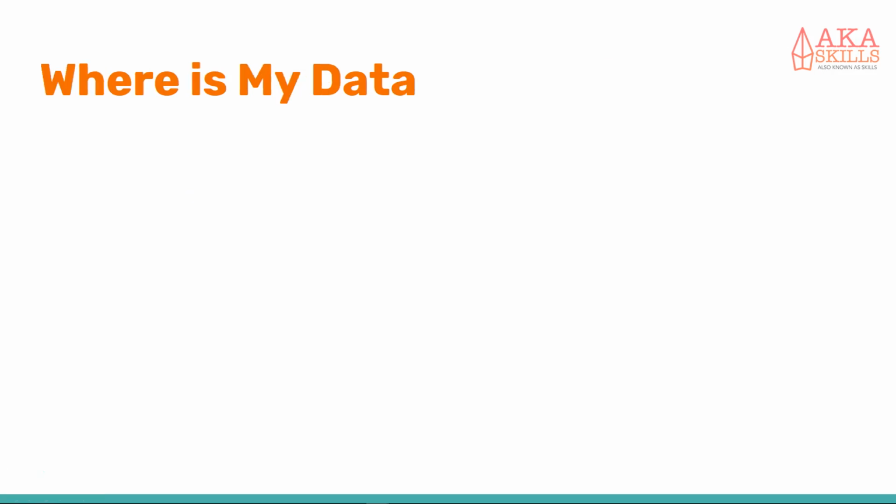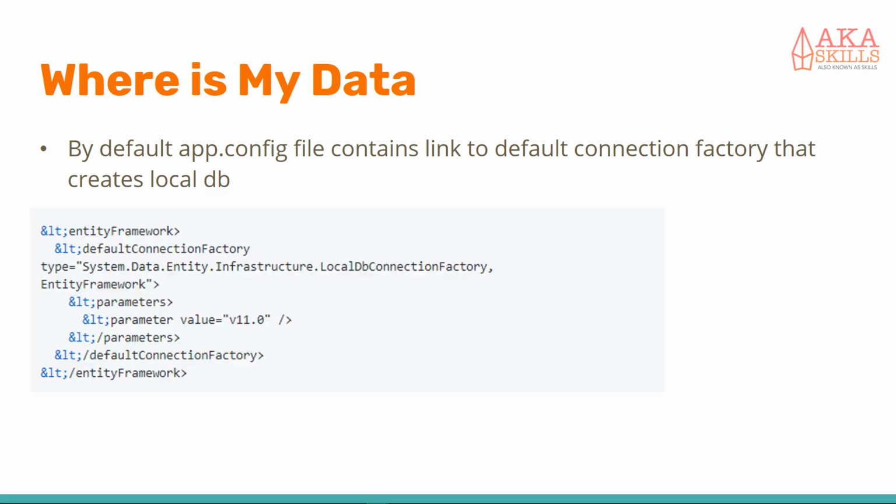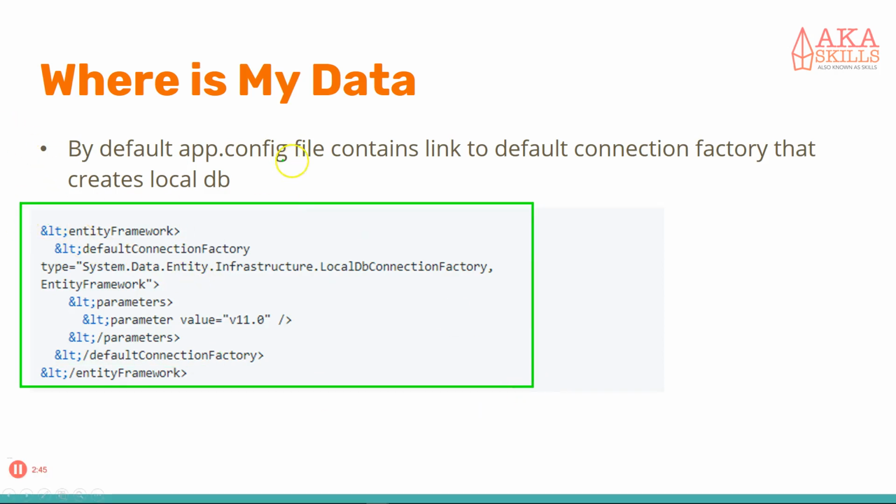So where is my data? By default, the app.config file contains a link to the default connection factory that creates LocalDB. Basically, inside our app.config, or if you're developing your app on .NET Core, it will be appsettings.json. But generally in both of them, it doesn't matter if that's going to be in app.config or appsettings.json, your settings are the same.